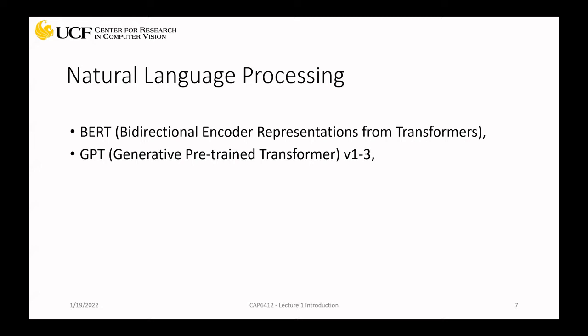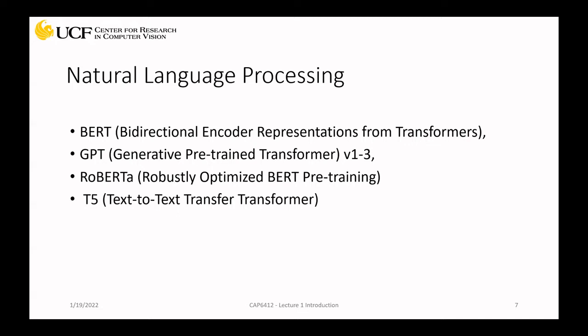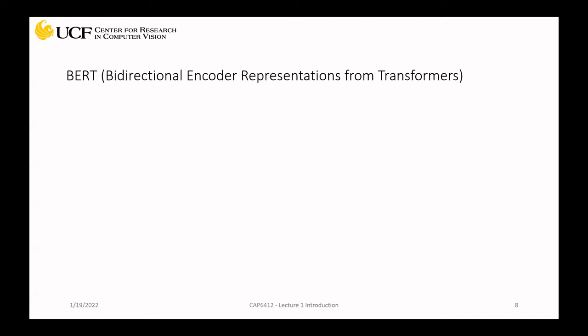So generative pre-trained transformer, they have different versions, version 1, 2, 3 from OpenAI. And another model is called RoBERTa, robustly optimized BERT pre-training, and then T5, text-to-text transformer, and so on.